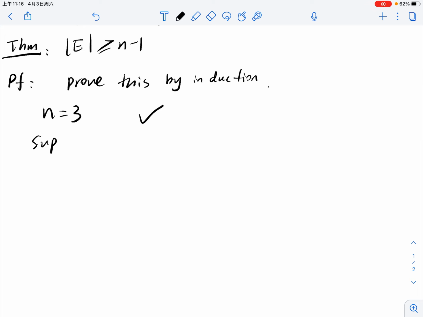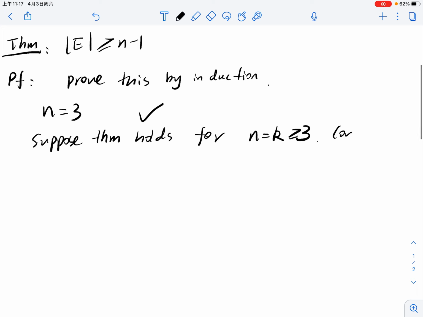Now suppose the theorem holds for all n equals k, greater than or equal to 3.